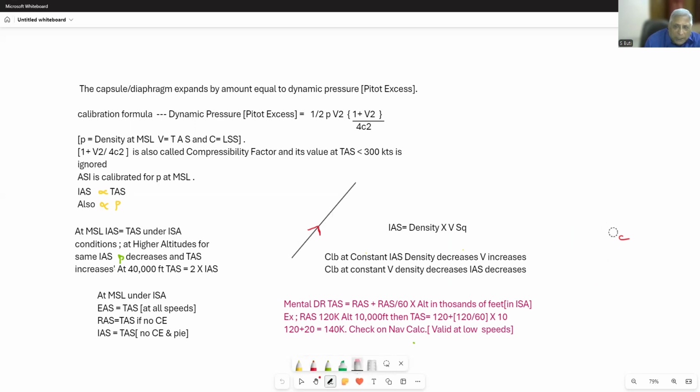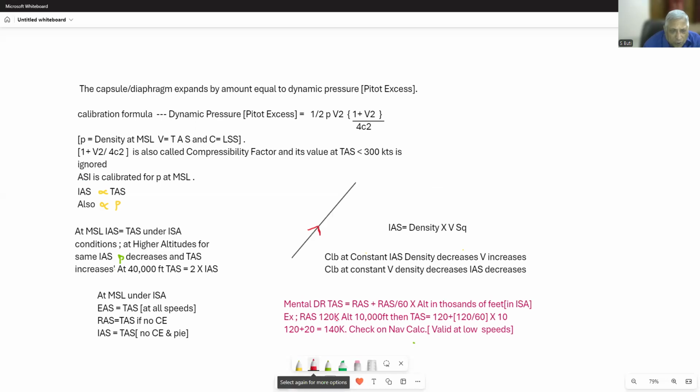Mentally, to calculate your true airspeed, no magic. In a mental DR, valid at low speeds and not at higher speeds of compressibility, true airspeed is RAS plus RAS divided by 60 into altitude in thousands of feet, under ISA conditions.